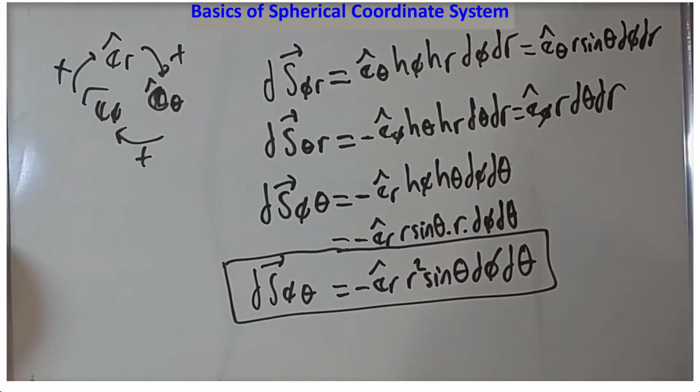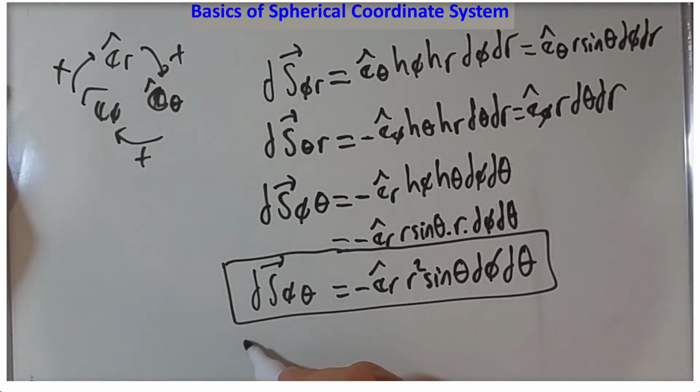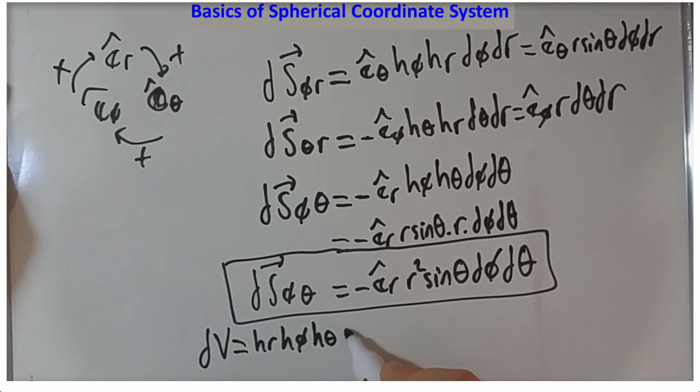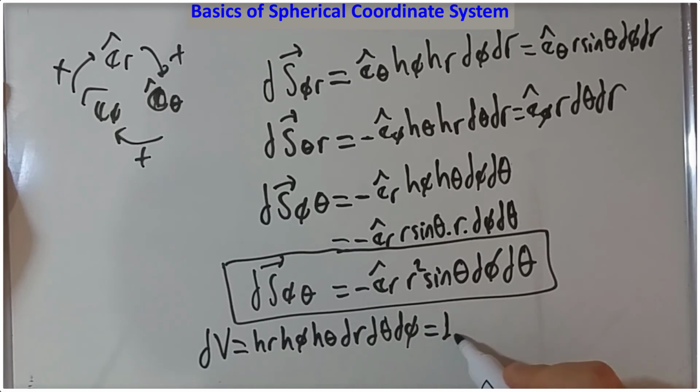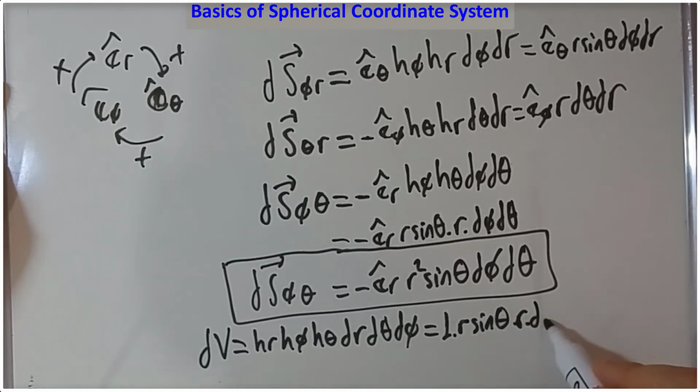Finally, let's write the volume again. In the volume, friends, we can write the product in the form of hr, h phi, h theta, dr, d theta, d phi. From here, it is in the form of 1, r sin theta, r, dr, d theta, d phi.